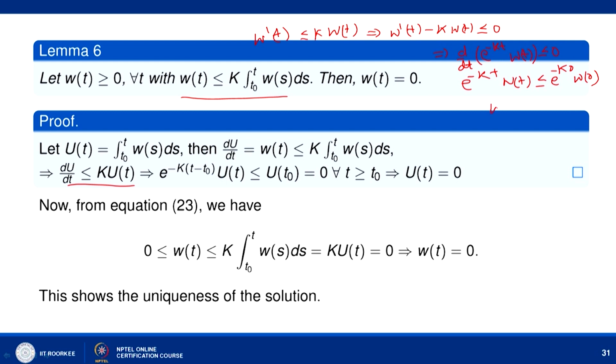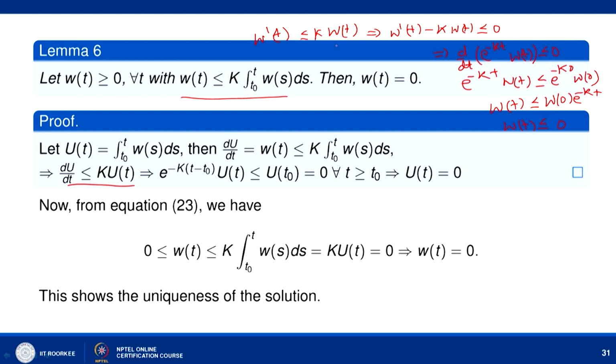This implies that w(t) is less than or equal to w(0) e to the power k t, and w(0) is 0. So, we can say that w(t) is less than or equal to 0, and we are done, right.